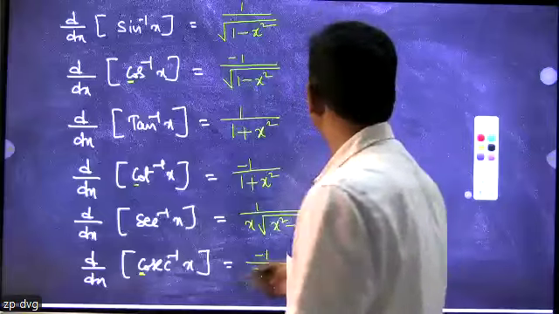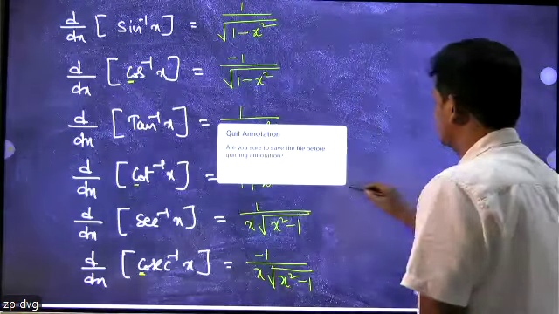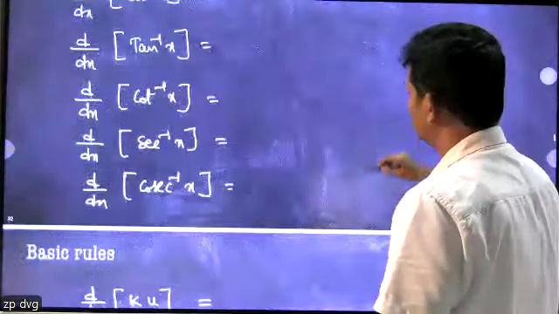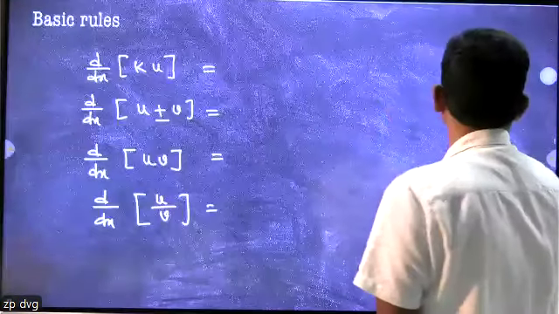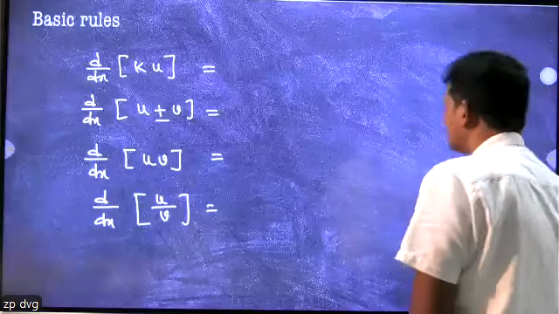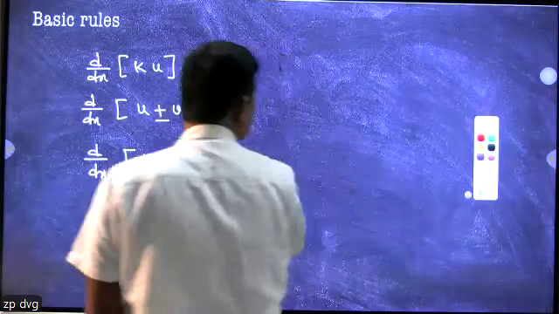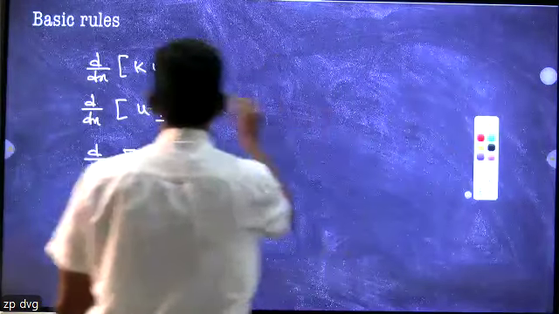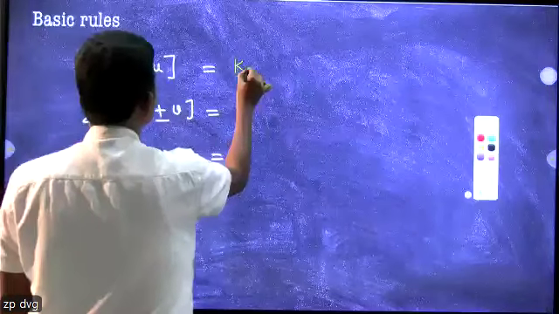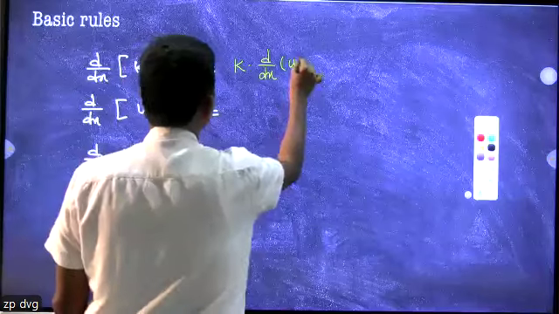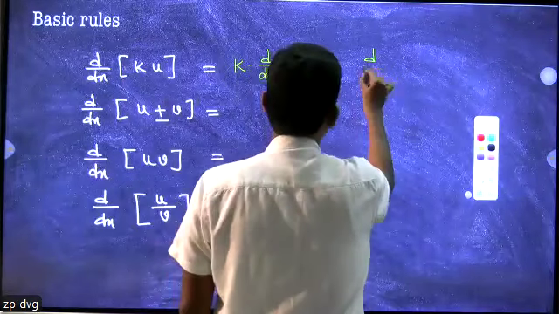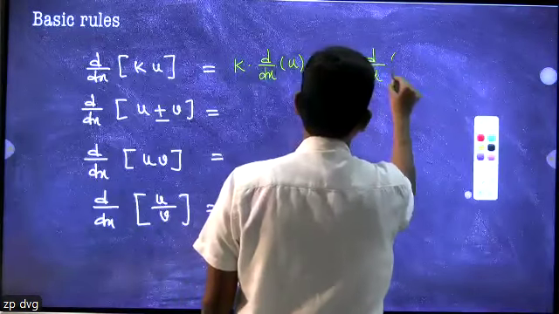Now, we will see the next basic rules. What are the basic rules? These are the basic rules of differentiation. See, derivative of Ku. Derivative of Ku is what? K into derivative of U. That means, suppose while solving a problem, somewhere you saw derivative of 2 sin x.